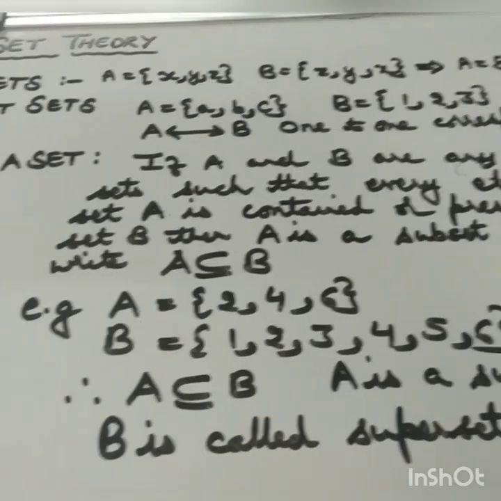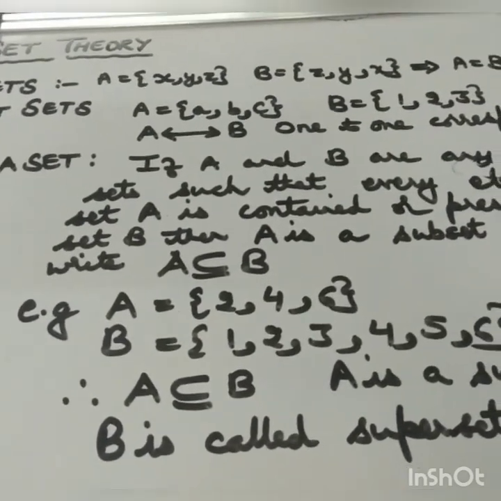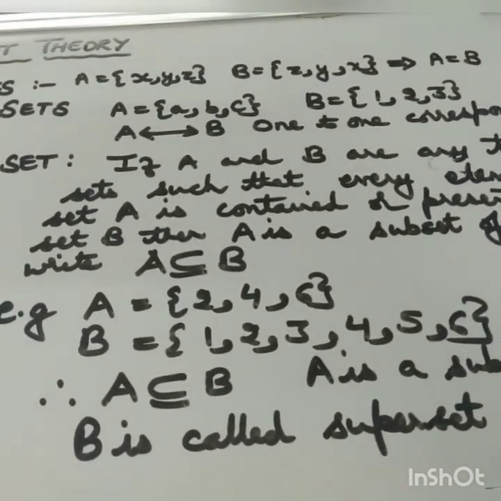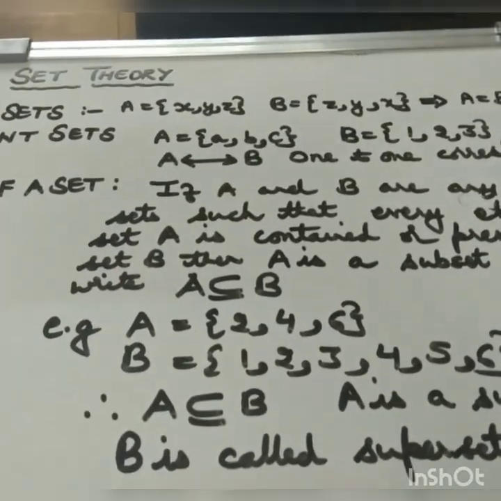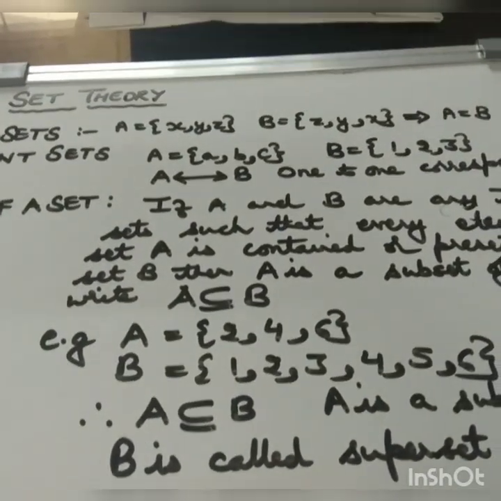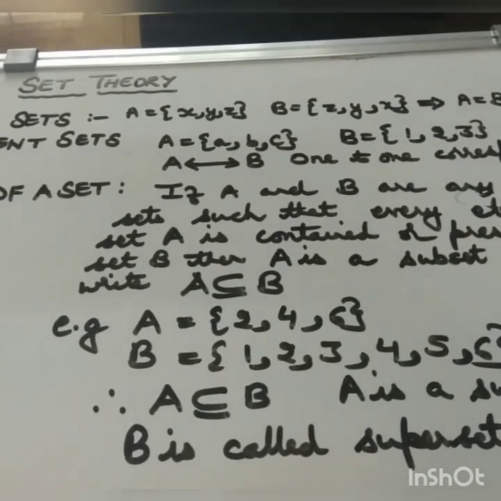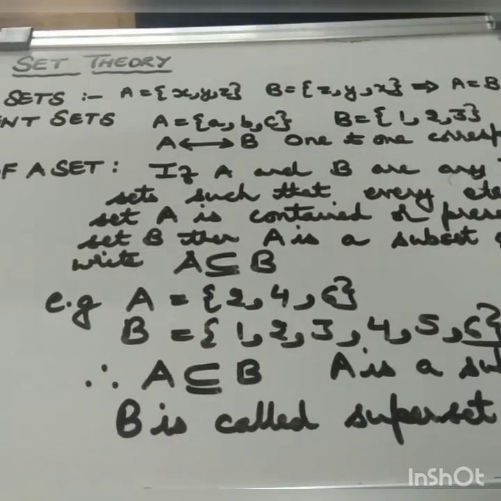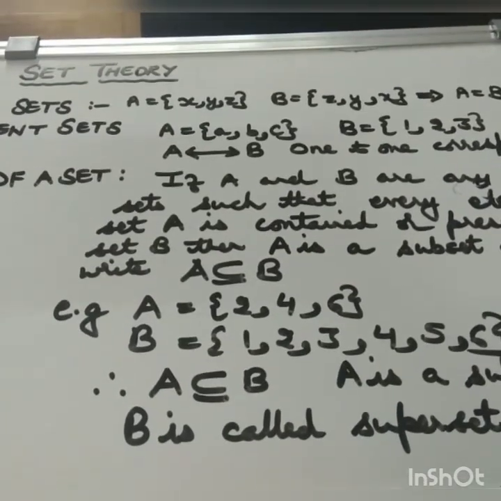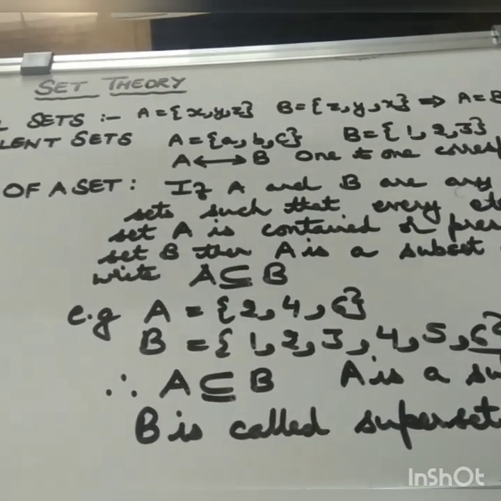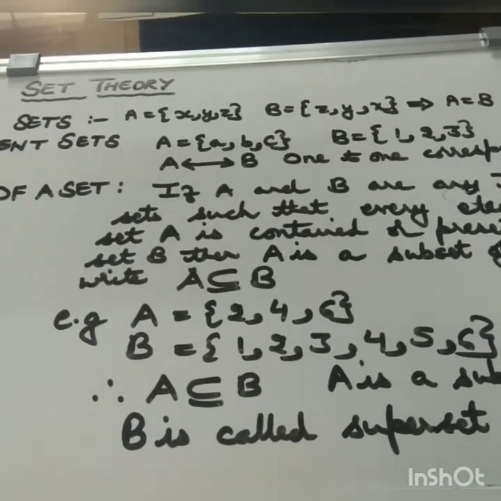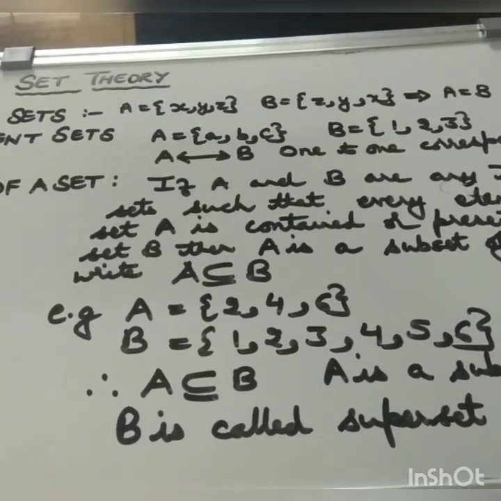If you see, A becomes the subset of B, and B is also called superset of A. So there is a new word for you. One is subset, the other one is superset of A. Now we will use this knowledge for subset of a set in exercise 6.2.